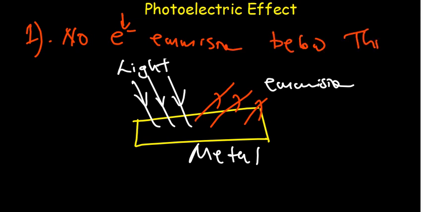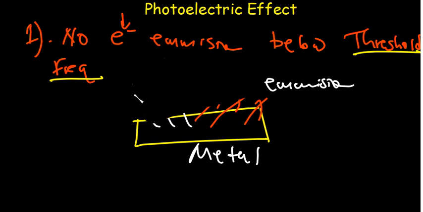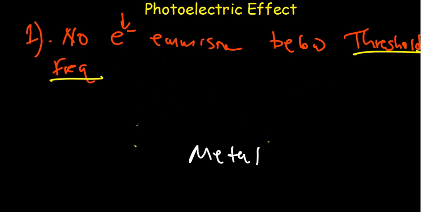So there's a new term called threshold frequency. You need to know that the threshold frequency is the minimum frequency required for electrons to be emitted.